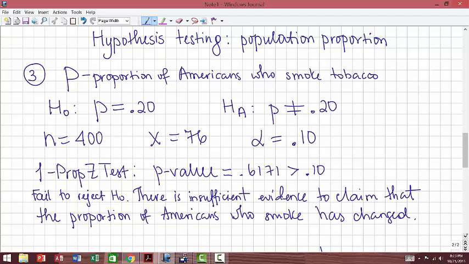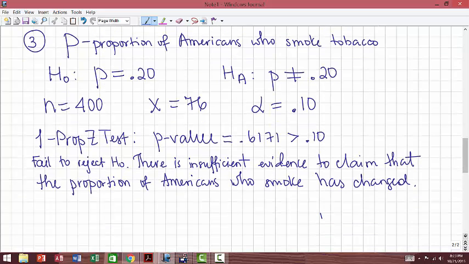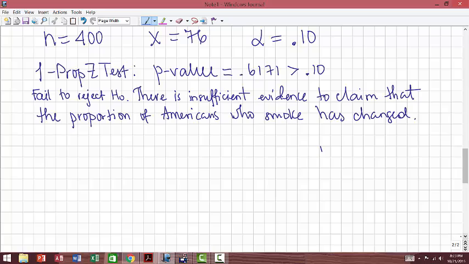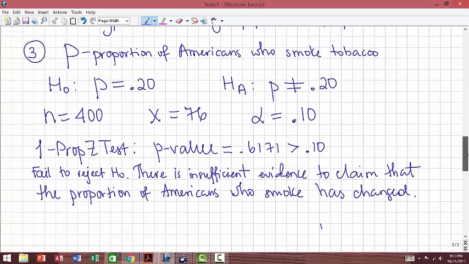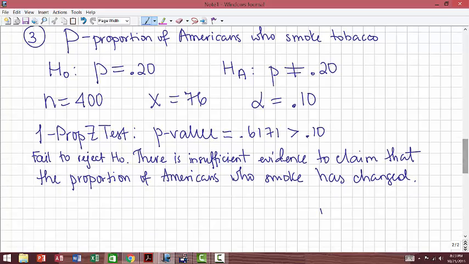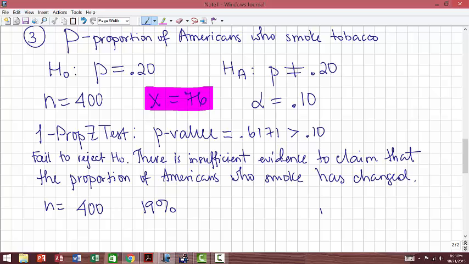Before I move on into errors, I would like to discuss the following situation. What if this problem did not tell us that we have 76 people? Instead, what if this problem said, in this sample of 400 people, we found that 19% of all sampled people smoke cigarettes or tobacco?